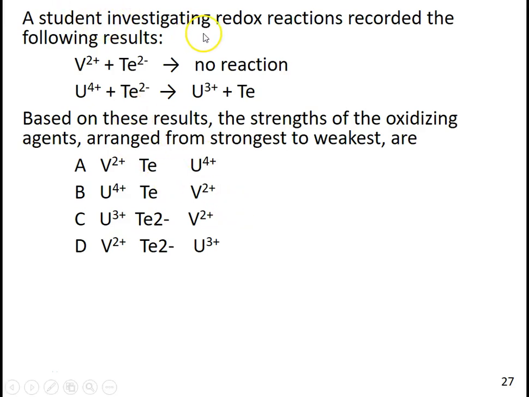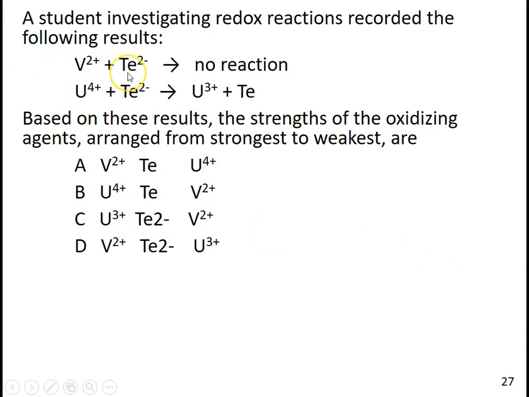Alright, a student investigating redox reactions records the following. So you've got this bit of information. You don't know what V, U are. Te is probably tellurium, but let's pretend you don't know. Based on these results, the strengths of the oxidizing agents are arranged from the strongest to the weakest. So you have to put them in order of the electrochemical series.